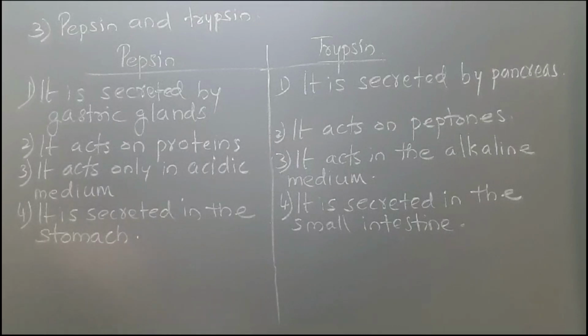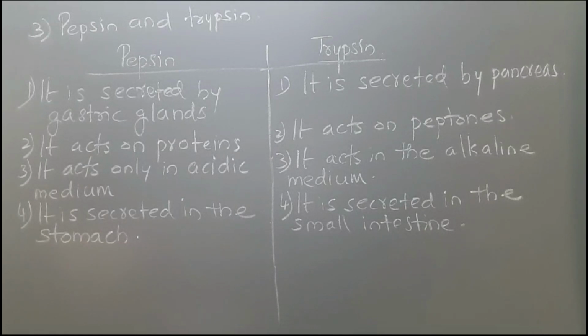Third question, difference between pepsin and trypsin. First point, pepsin is secreted by gastric glands. Trypsin is secreted by pancreas. Pepsin acts on proteins. Trypsin acts on peptones.